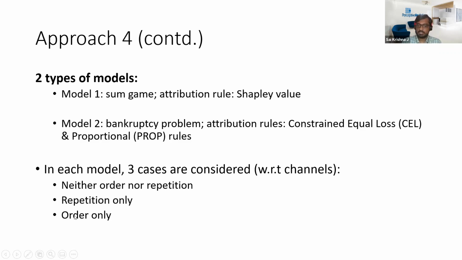Repetition only means that if the customer visits the same website multiple times, then that has an impact on the conversion, but the sequence of visiting does not matter. The order-only scenario, the third scenario, is the opposite of the second one, where the sequence in which the customer visits the website matters, but it does not matter whether he visited the same website multiple times. So for each of these two models, they consider these three cases, and then they build the game theory model.